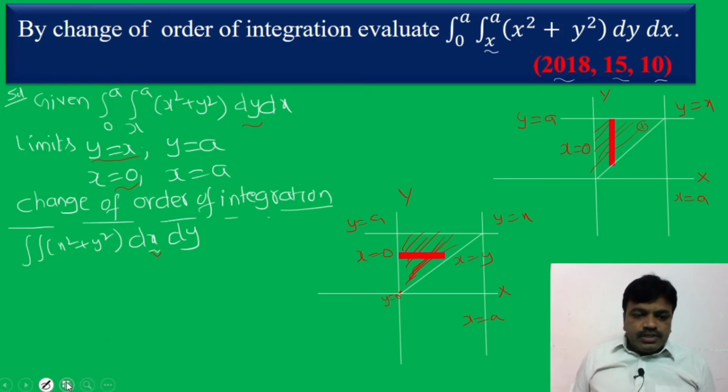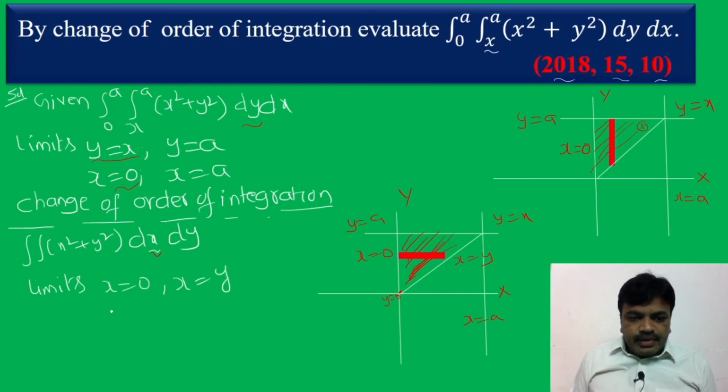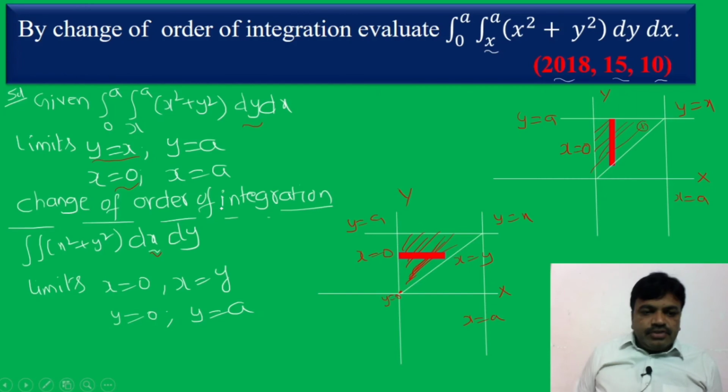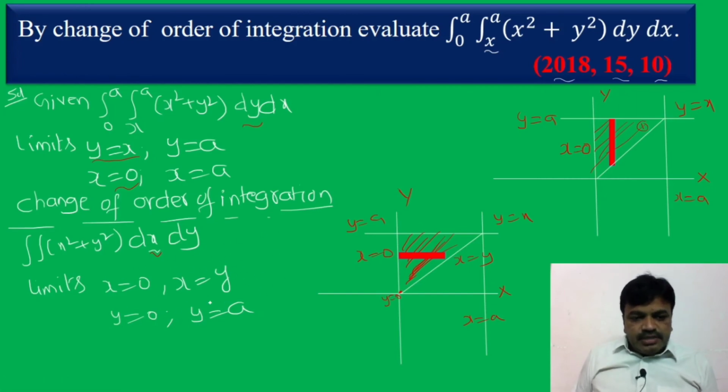So the limits here: first x is equal to 0, x is equal to y, y is equal to 0, y is equal to a. After changing the order, we get these limits, friends.